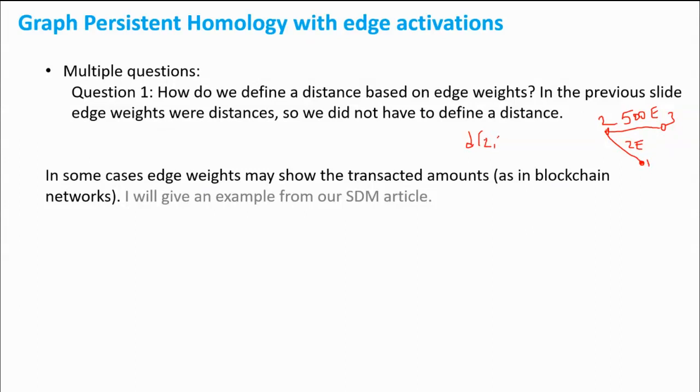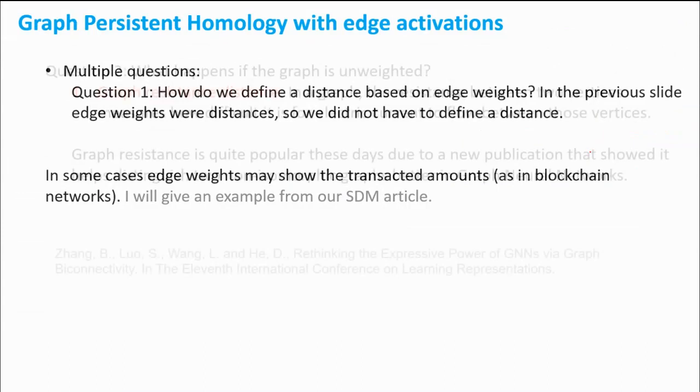So in a sense, distance between 2 and 3 should be less than the distance between 2 and 1, because we can assume that edge weight is positive. In terms of distance, if you have a larger weight, the distance should be less. So it's not always easy to define this distance.